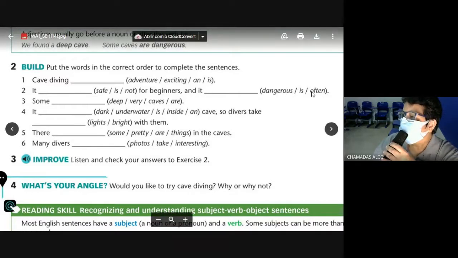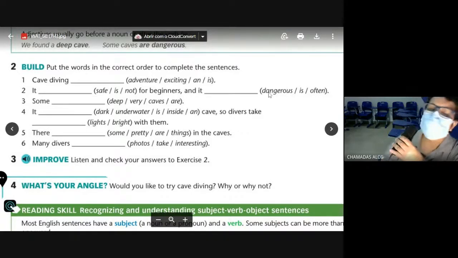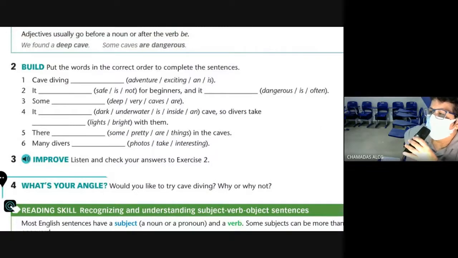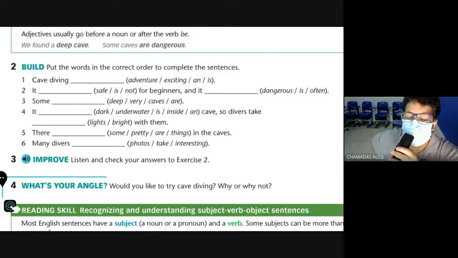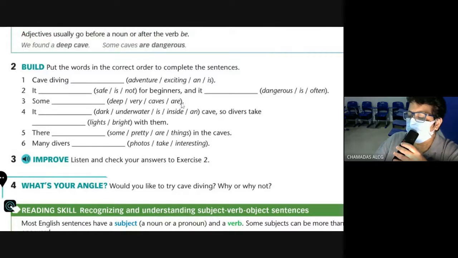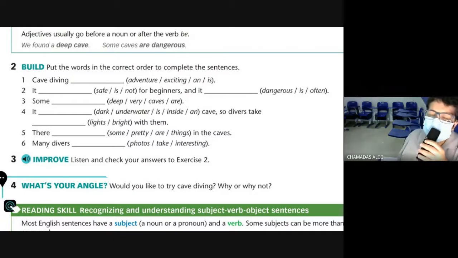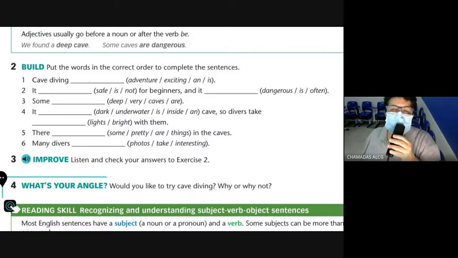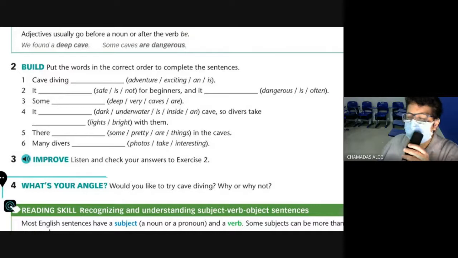It is often dangerous. Number three, some caves are very deep.